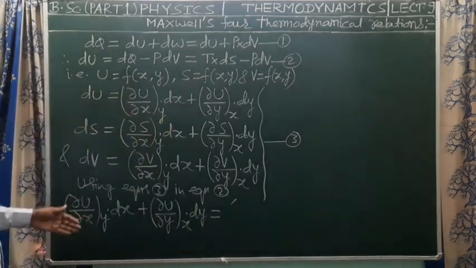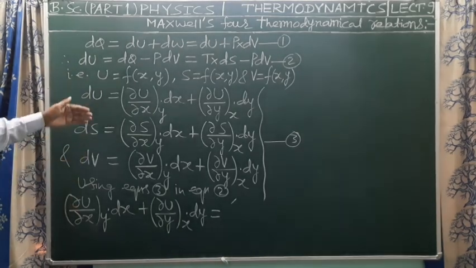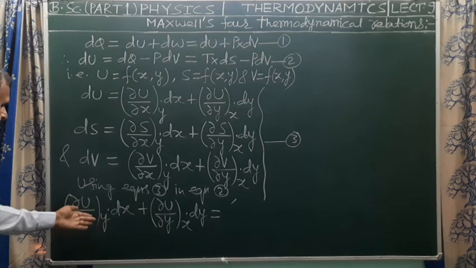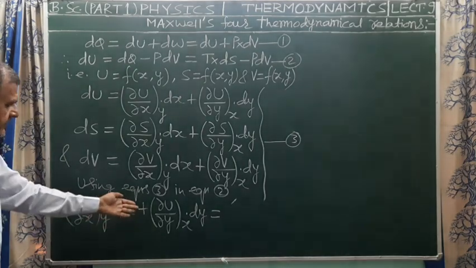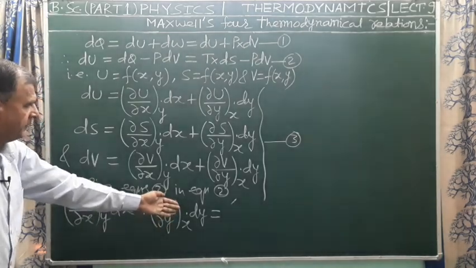Now it is the LHS of equation 2. In place of du we have written del u upon del x at constant y into dx plus the second term, del u upon del y at constant x into dy.